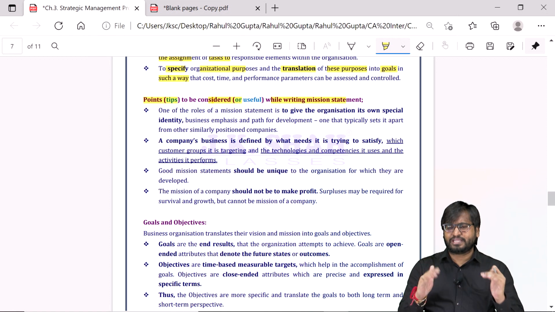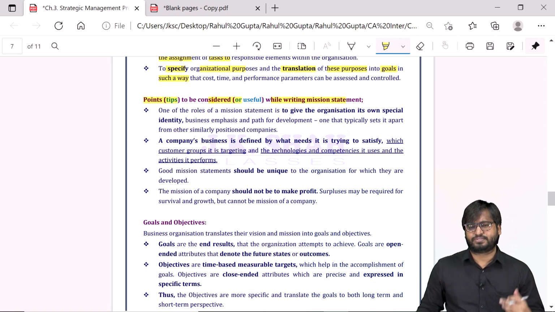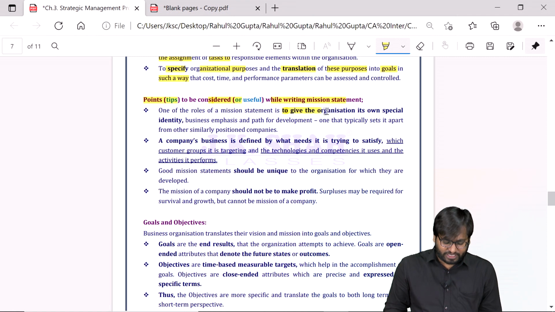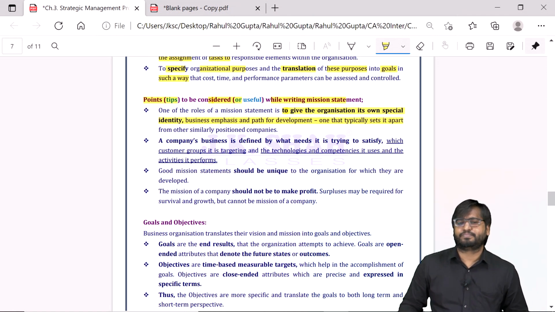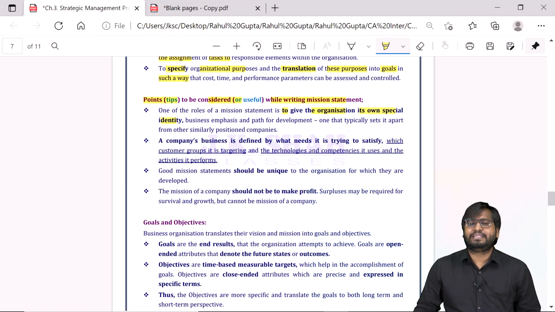It should create a unique identity of ours in the eyes of the customer and the different stakeholders. One of the roles of a mission statement is to give the organization its own special identity.